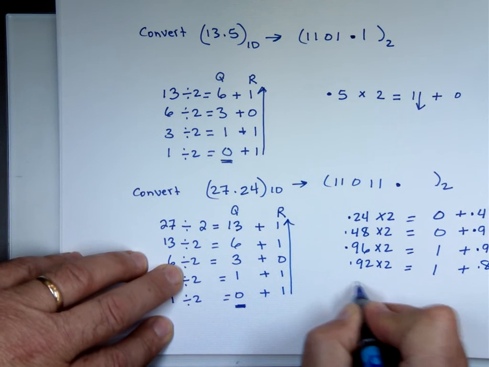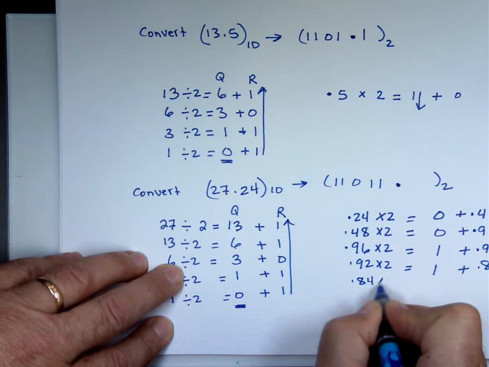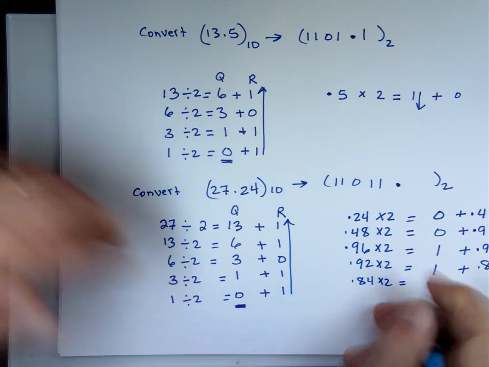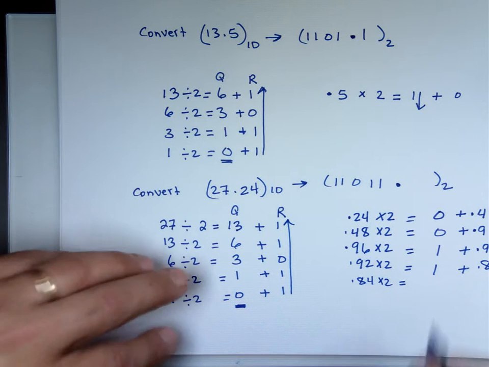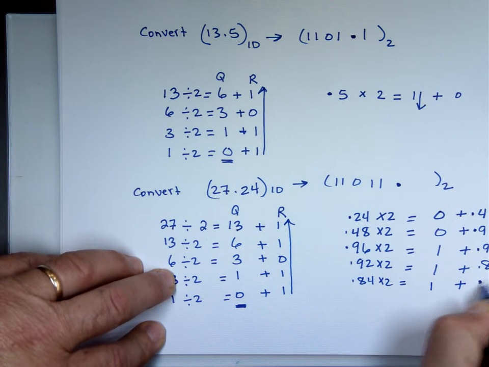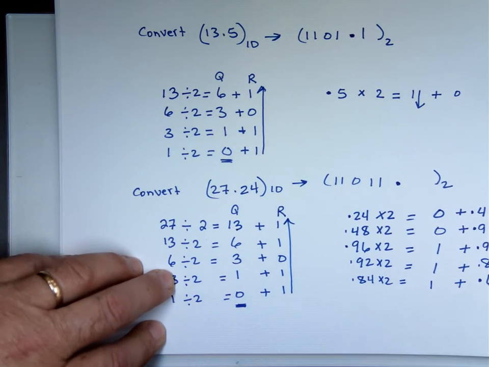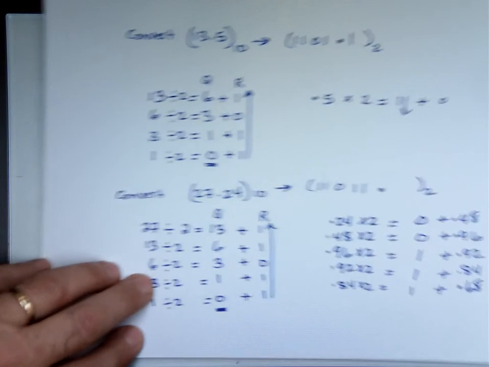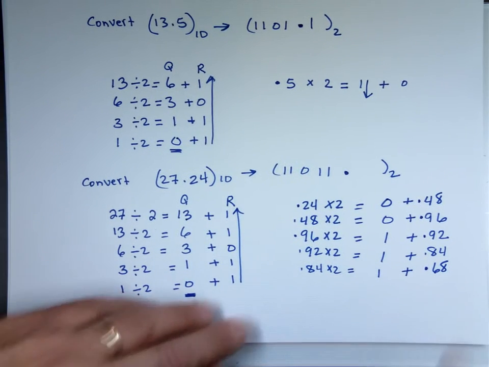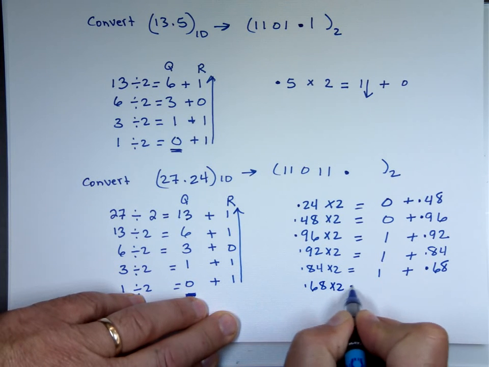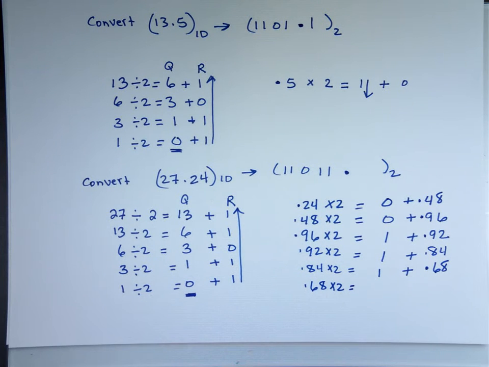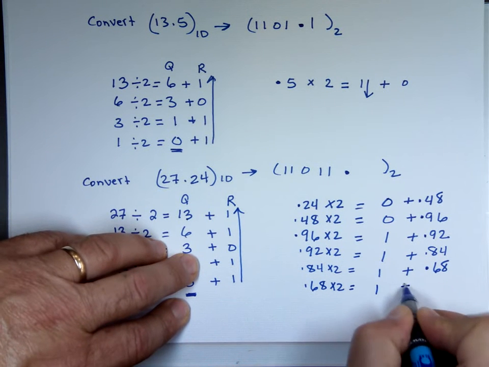What is 0.84 times 2? 1.68. What's 0.68 times 2? 1 plus 0.36.